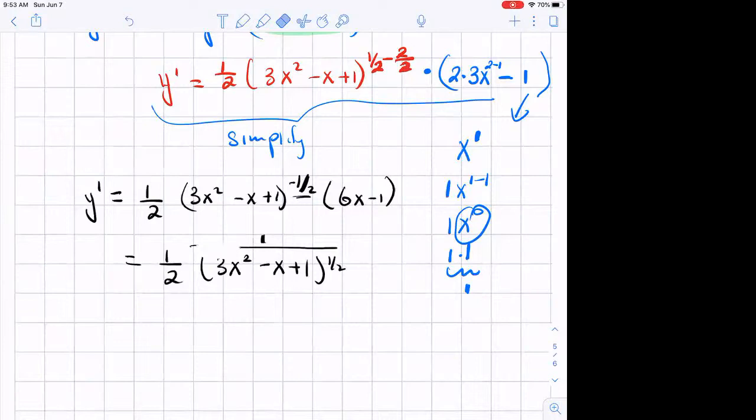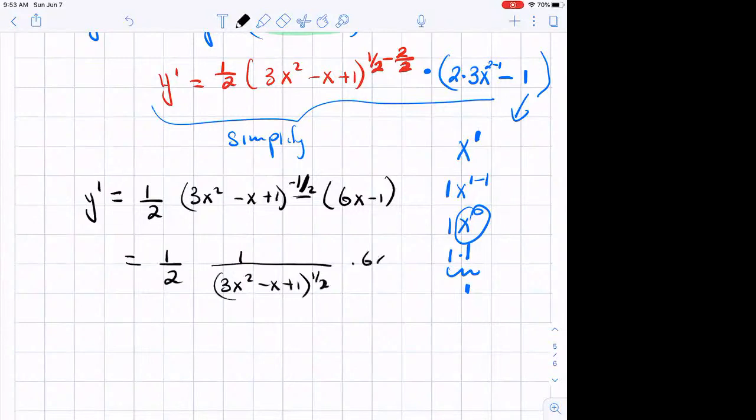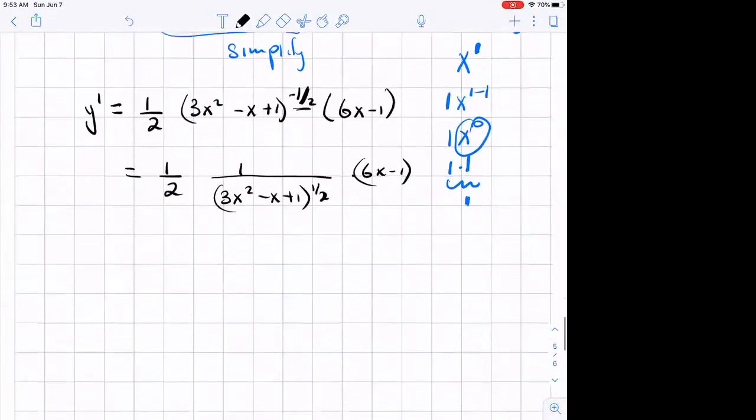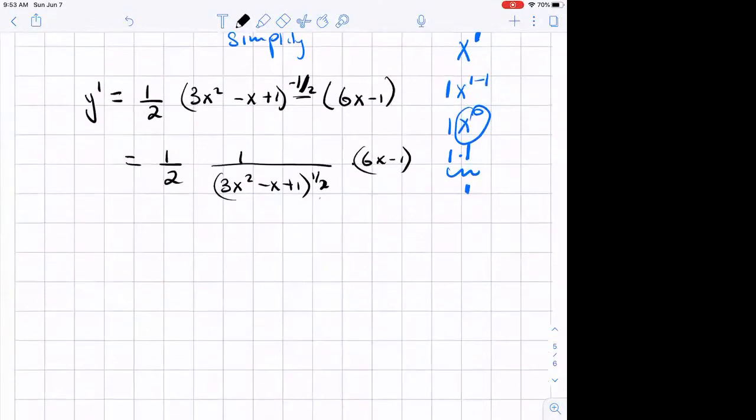Actually, let me write that properly. 1 over 3x squared minus x plus 1 to the positive 1/2 times 6x minus 1. And then this 1/2 power we know means square root.